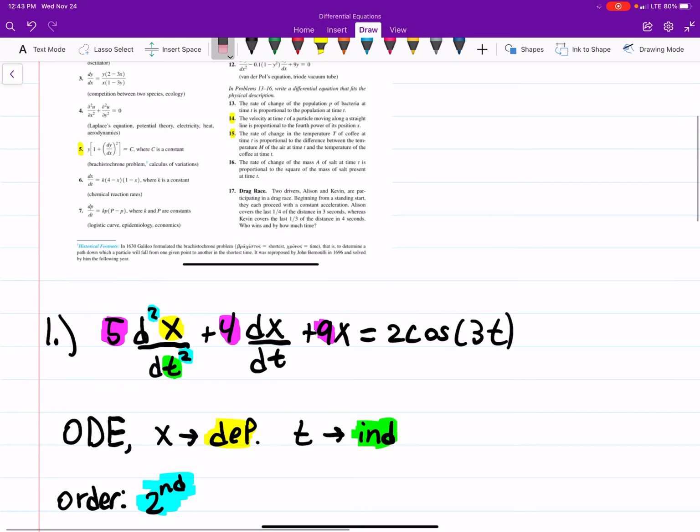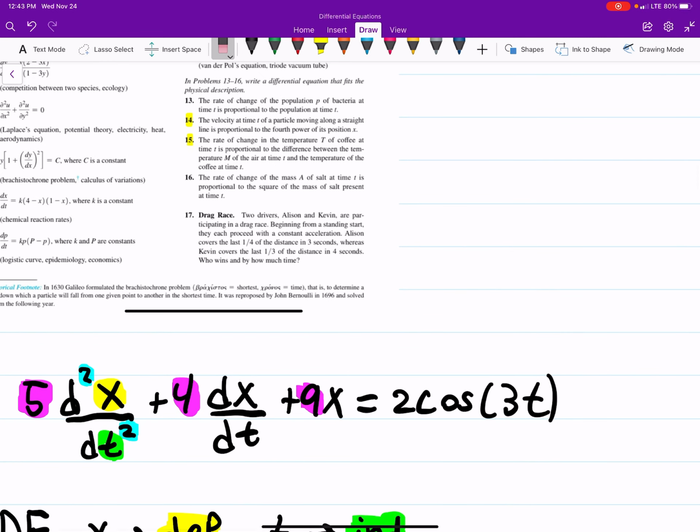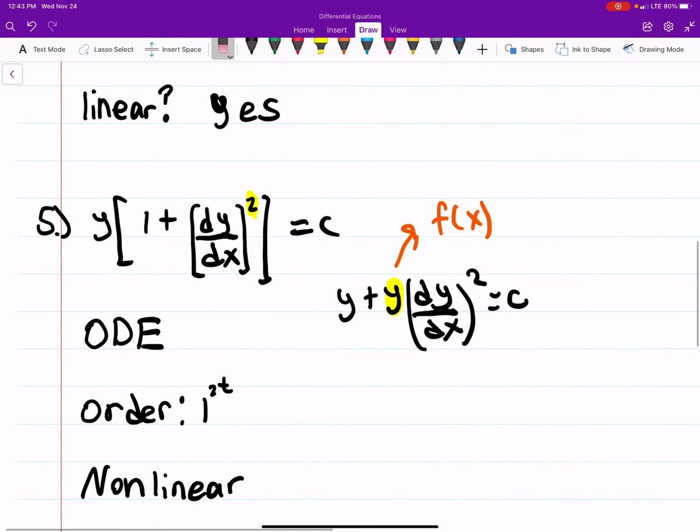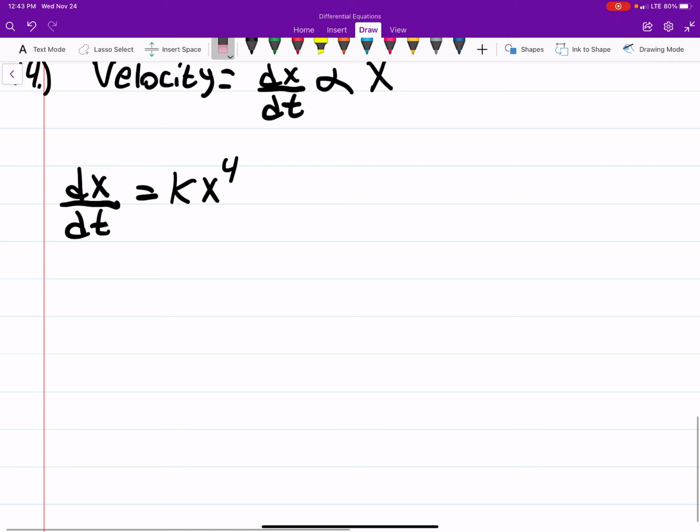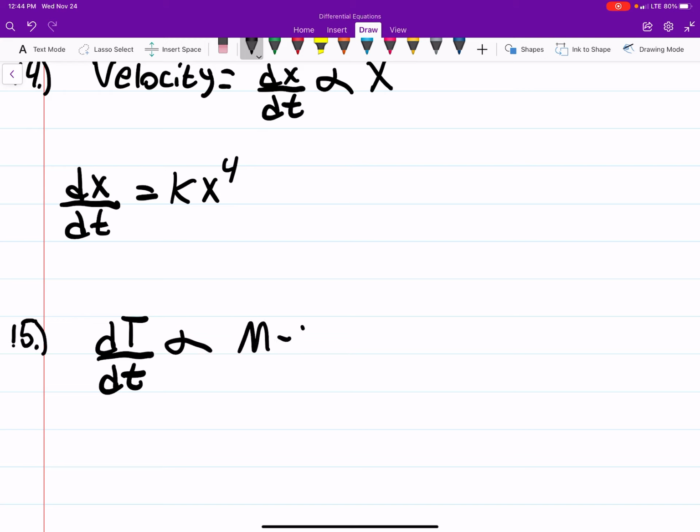The next one, 15, says the rate of change in the temperature T of coffee at time t is proportional to the difference between the temperature M of the air at time t and the temperature of the coffee at time t. So the change in temperature, that's capital T, with respect to time of the coffee, is proportional to the difference between the air temperature and the coffee temperature.